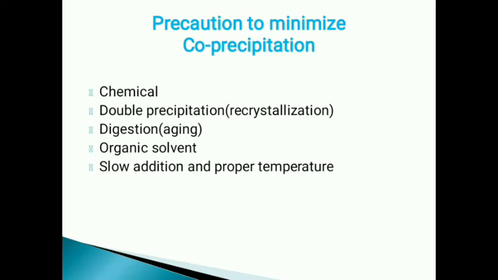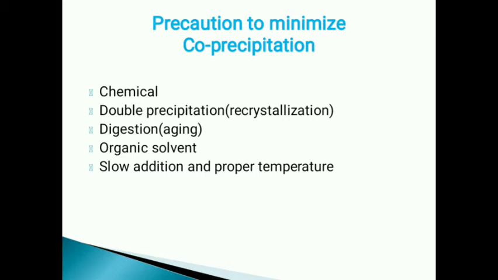Then how does co-precipitation get minimized? It is minimized with the help of some processes. First, the solution used for the precipitation reaction should contain the minimum amount of impurity. Means the chemicals used during precipitate generation should contain a smaller amount of impurity.